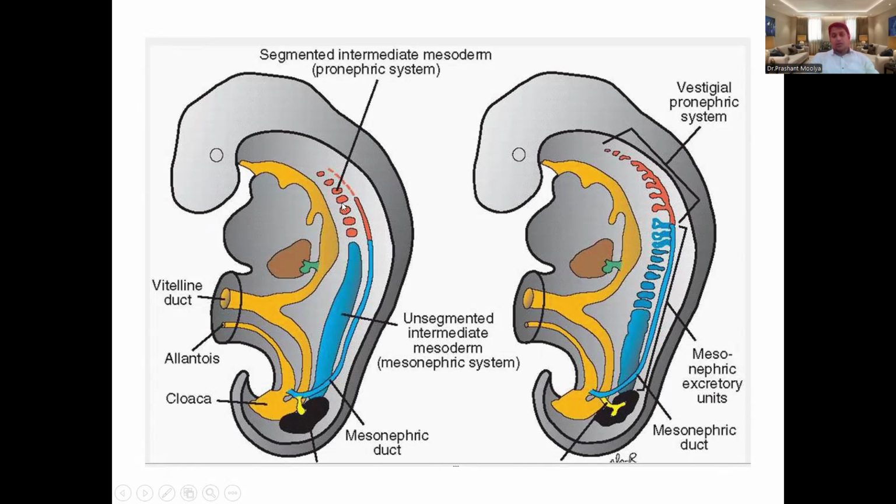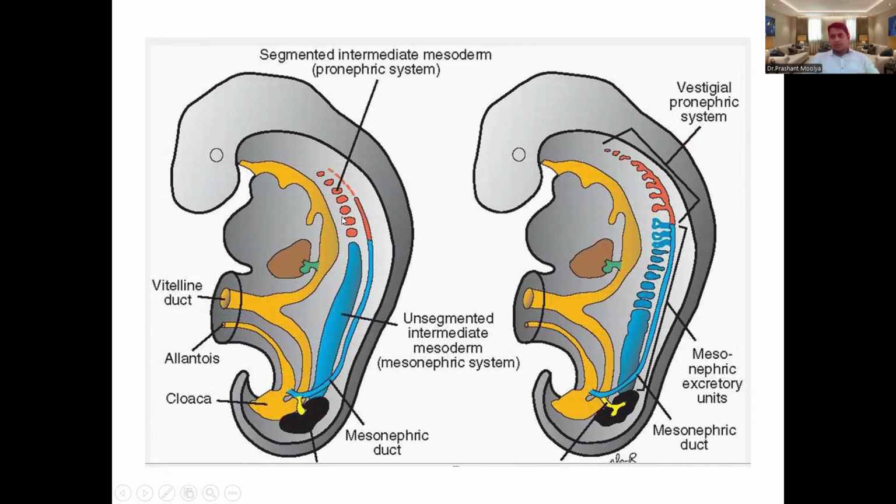Even the tubules are not adequate to prepare excretory material which could open directly into the cloaca. Rather, it opens its excretory material into the intraembryonic coelom, and then it goes into the cloaca.